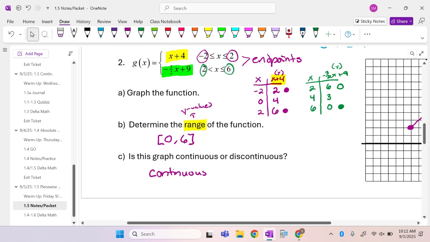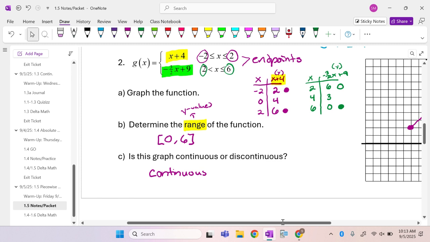All right. So I'm going to give you your 5-minute break. When you come back, I want you guys to work on your Delta Math assignment. Because remember, don't move yet. Remember, the assignment I gave you yesterday with absolute value also contains your piecewise stuff.